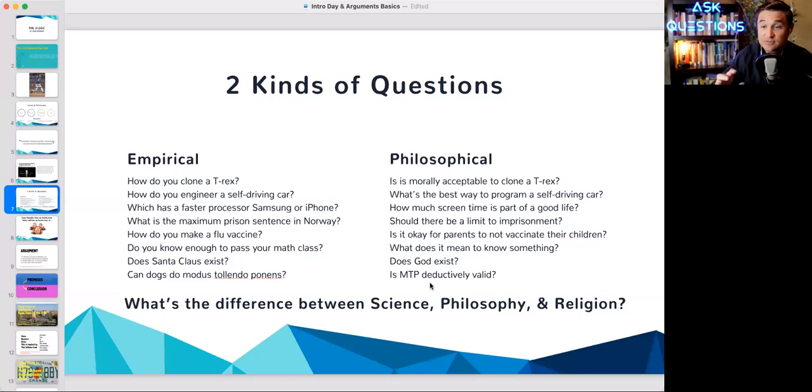They're both after truth and knowledge, but for knowledge and truth that goes beyond the natural domain, the empirical domain, philosophy is better suited to tackle those issues. The natural world, science reigns supreme.